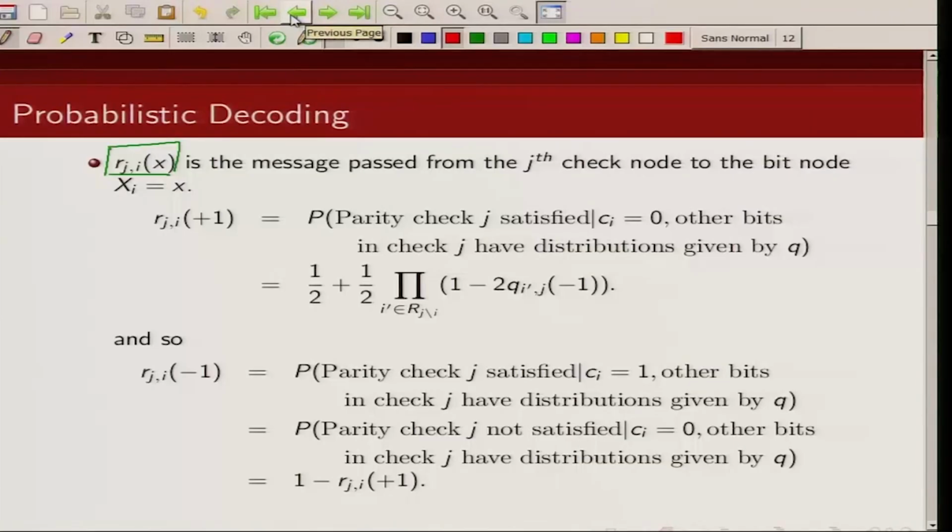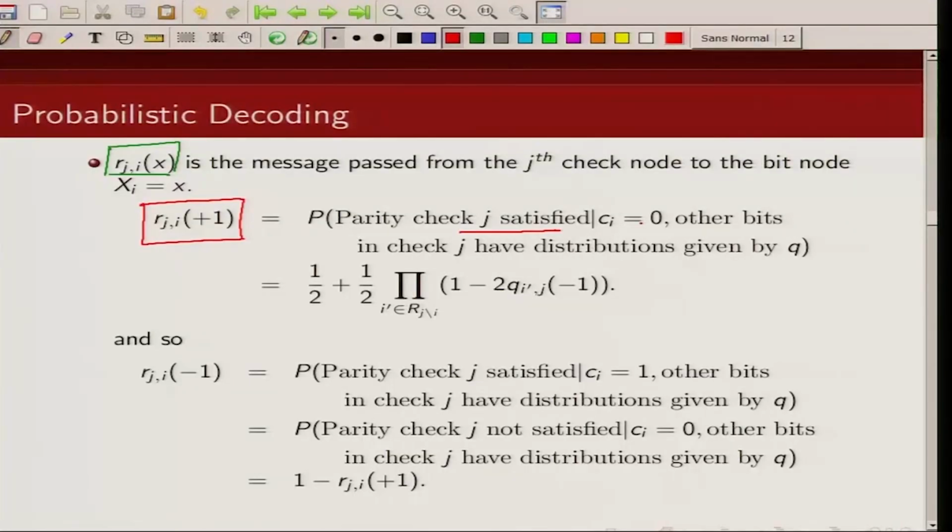Now, the probability of x being plus 1, which corresponds to the code bit Ci being 0, is defined as the probability that the jth parity check constraint is satisfied given that the ith bit Ci is 0 and the other bits are given by the distribution given by Qi.